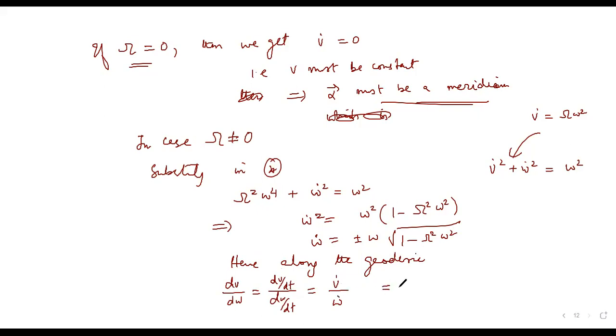I should have v dot by w dot would be equal to v dot किसके बराबर है omega w square, so it should be omega w square divided by plus minus w into square root of 1 minus omega square w square. So this is the sort of relation we get between the parameters v and w in case the curve is a geodesic. Okay, so that is dv by dw. चलो फिर से इसको लिखते हैं, इसमें कुछ कैंसिलेशन हो जाएगा.